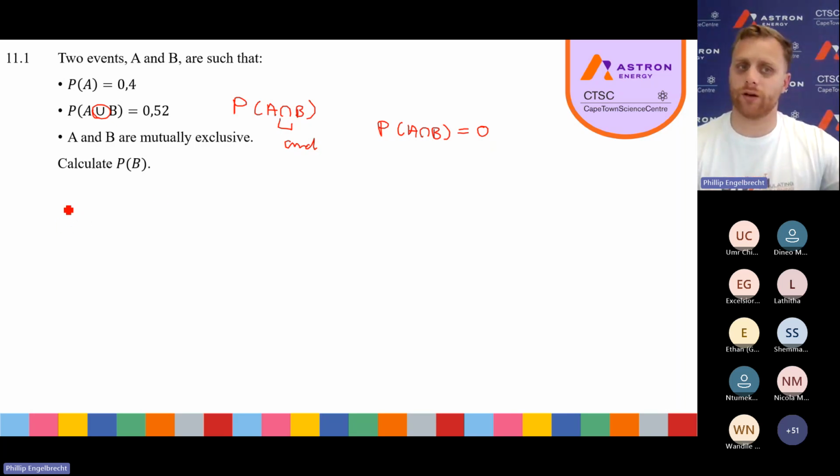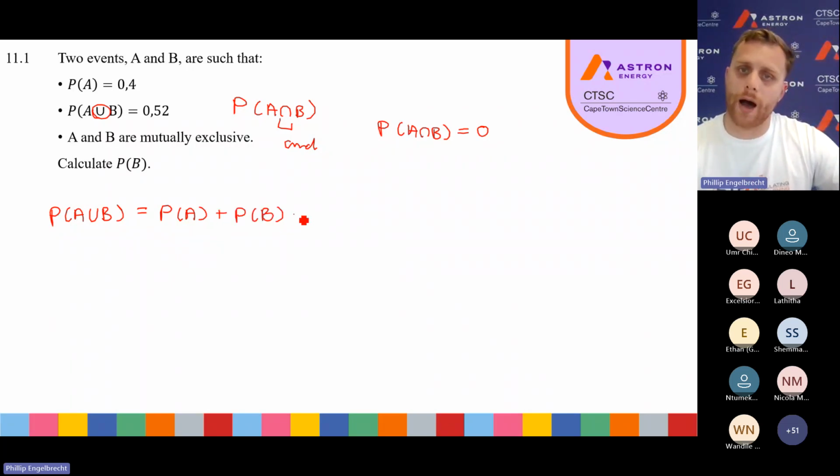Calculate the probability of B. So what do we know? Well, we know that the probability of A or B is equal to the probability of A plus the probability of B minus the probability of A and B. Okay?